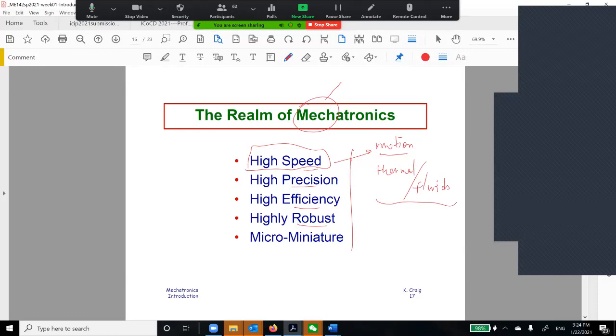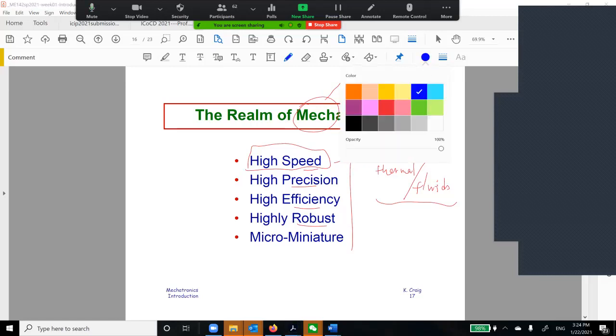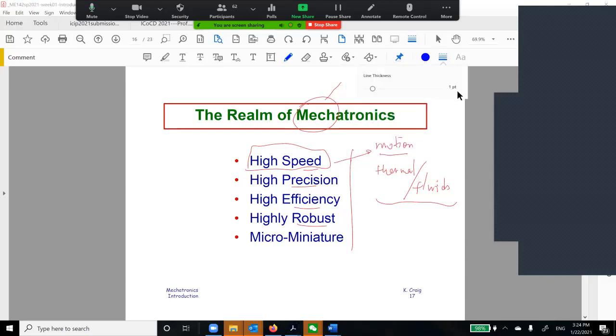However, our whole semester will be heavily in motion controls. So basically the actuators will focus more on the motors.